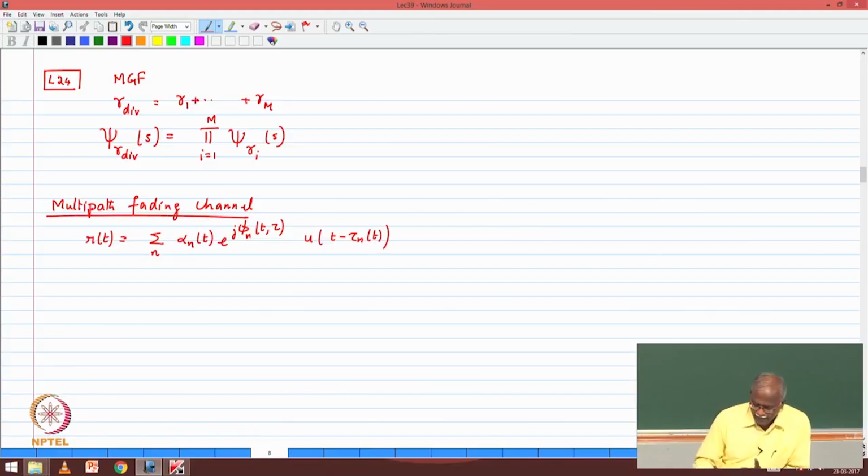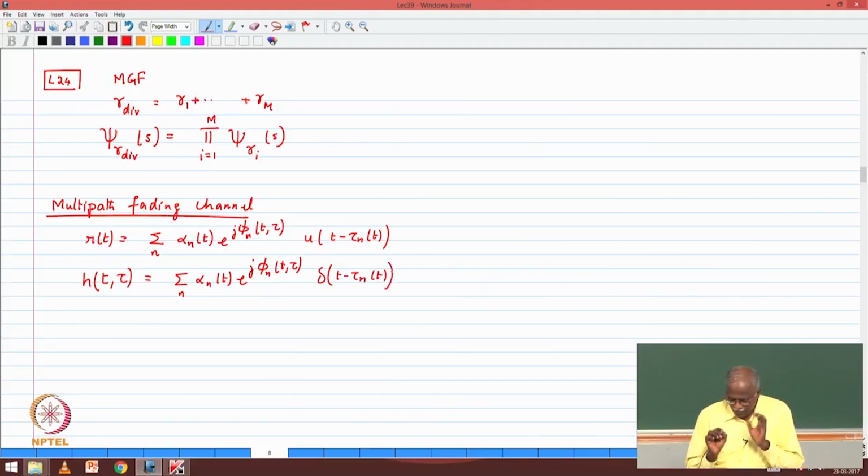This also led us to describe the channel in terms of two variables. One is the delay dimension, the other is the time dimension, and this is a description of the channel using a two-dimensional model: the sum over n of alpha n of t e power j phi n of t, with delta of tau minus tau n of t.